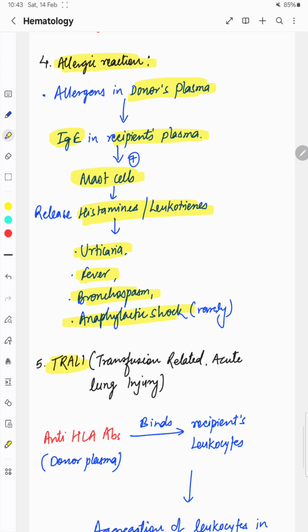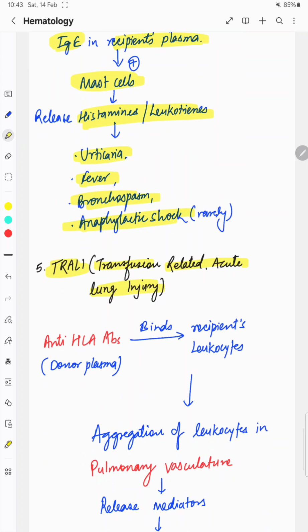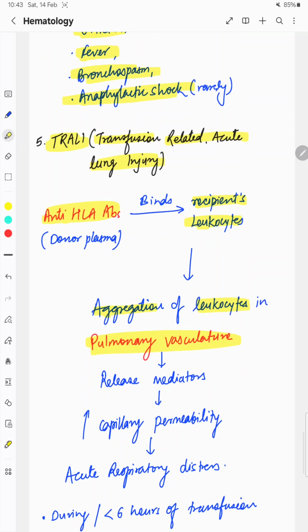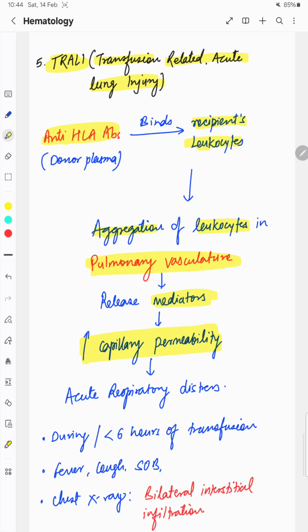TRALI, also known as transfusion related acute lung injury. The mechanism behind developing TRALI is that in donor plasma there are anti-HLA antibodies. They bind with the recipient leukocytes and result in aggregation of leukocytes in the pulmonary vasculature, and then they release some mediators resulting in increased pulmonary capillary permeability and ultimately acute respiratory distress.